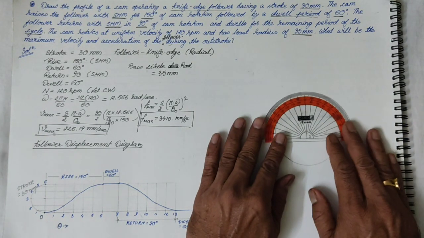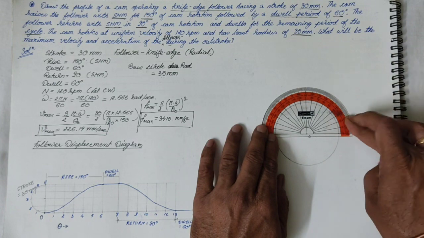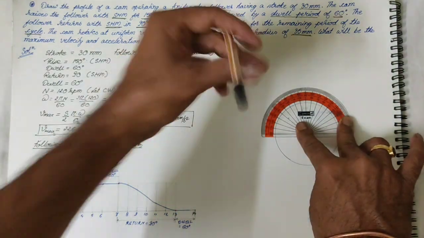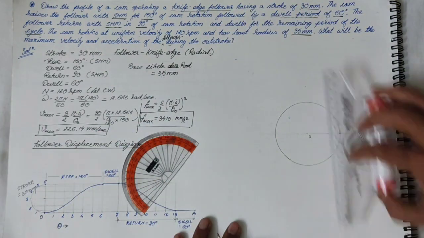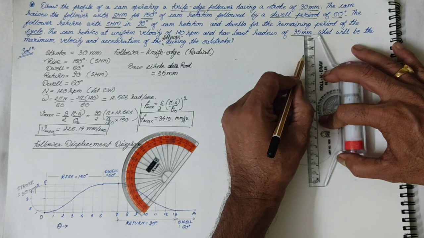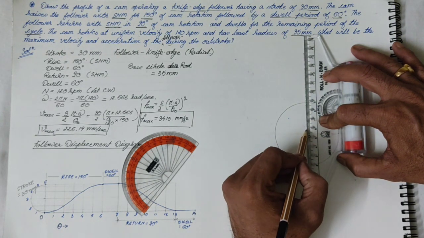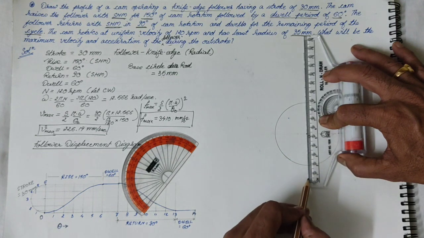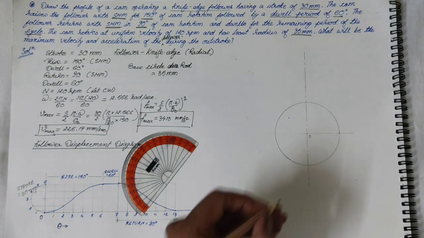Let us take the stroke in the perpendicular direction. So this is the line of stroke of the follower. The follower mentioned here is a knife edge follower.